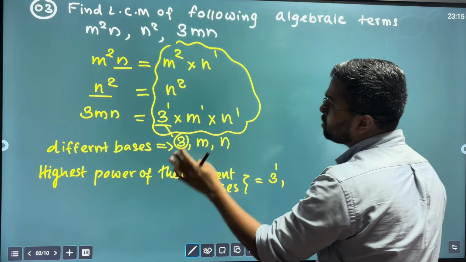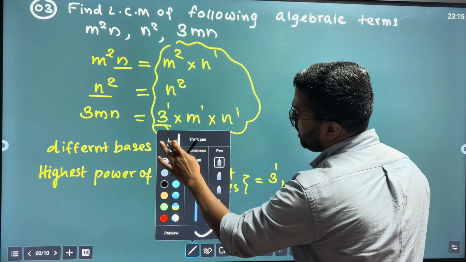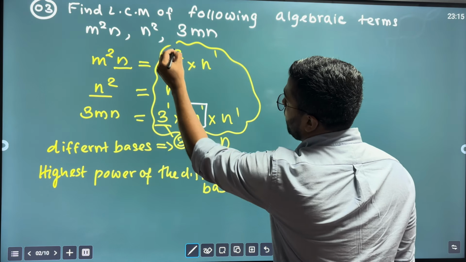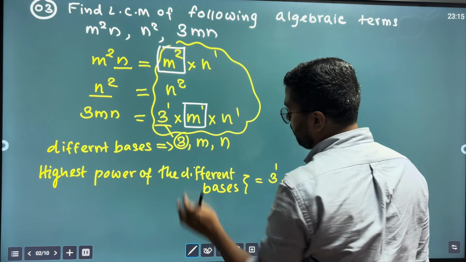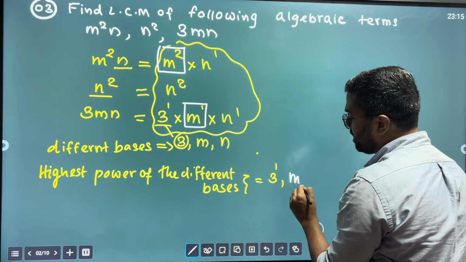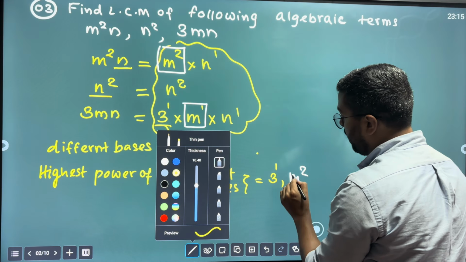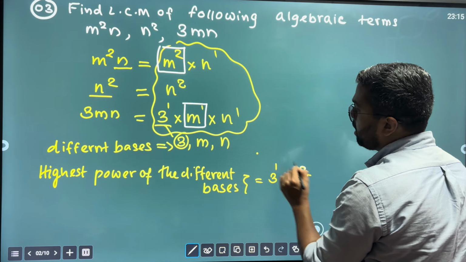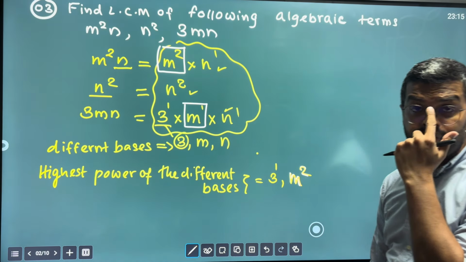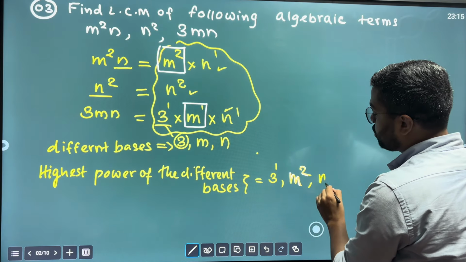For m, we have this term in 2 places, but the highest power of m is m squared. So we select m to the power 2. For n, we have n placed in 3 different places. The highest power of n is n squared.